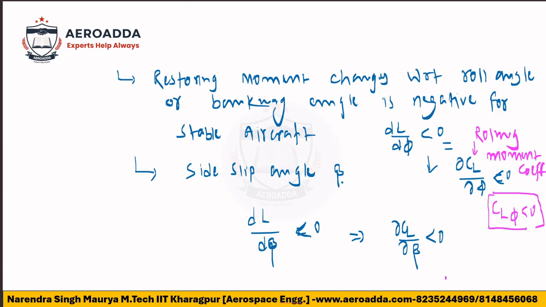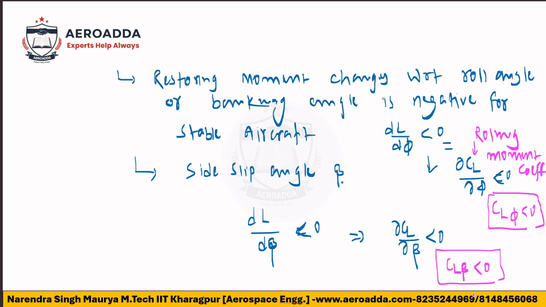And this can also be written as Cl beta less than 0. If I write the Cl beta, that means rolling moment coefficient with respect to the side slip angle. I have told you the side slip angle is nothing but equal to phi, magnitude wise.